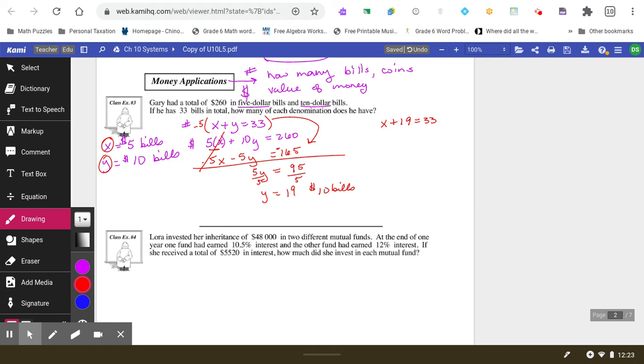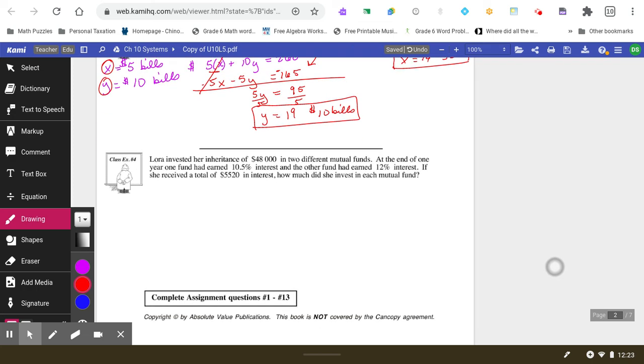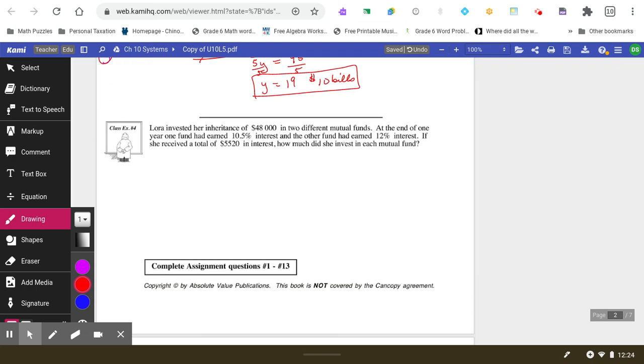So 33 minus 19 is going to be 14 $5 bills. Good, and that's your answer. You could check it. I'm not going to. Let's go on. Last question.